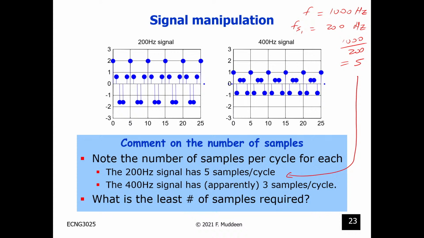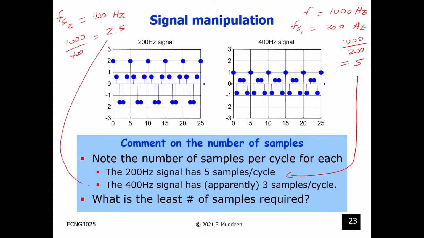Similarly, for our second sampling rate here, being 400 Hz, we take that 1000 and divide by 400. That comes to 2.5, if my maths is correct. Yes, 2.5.